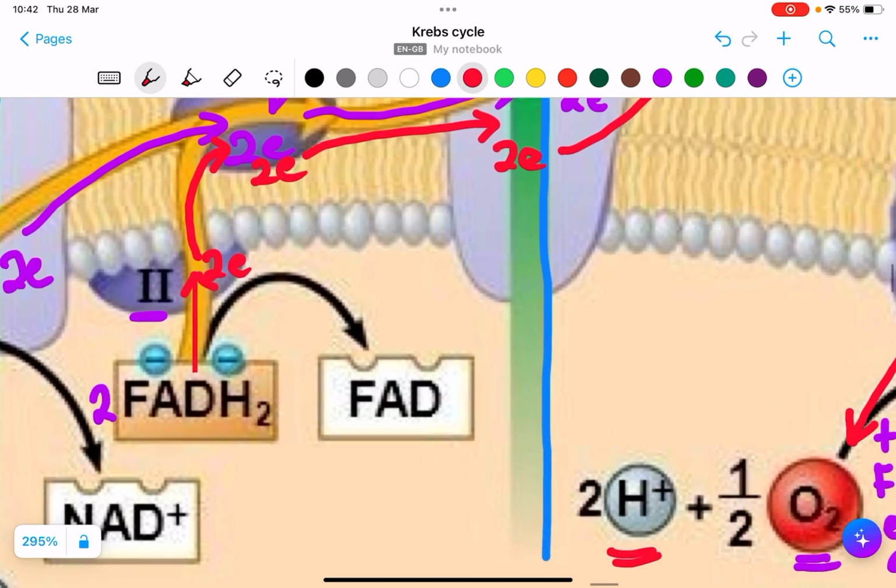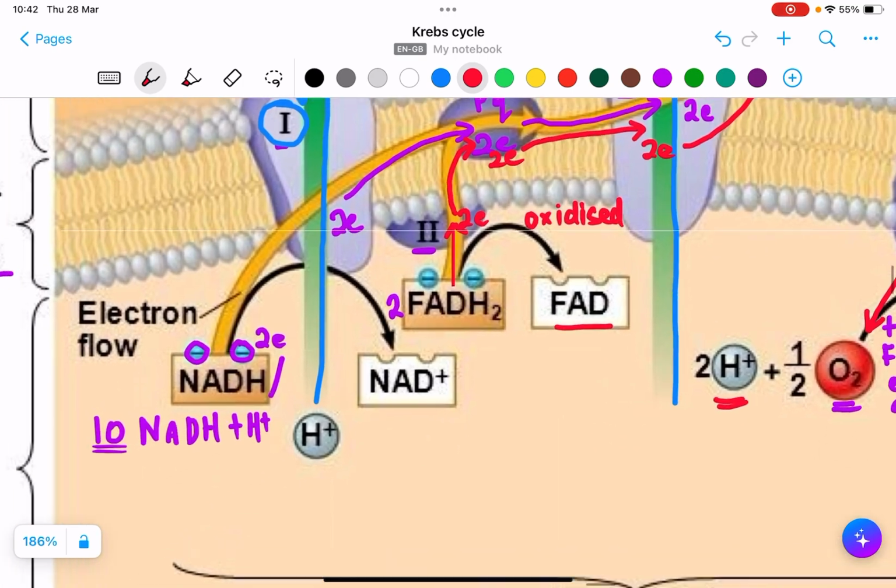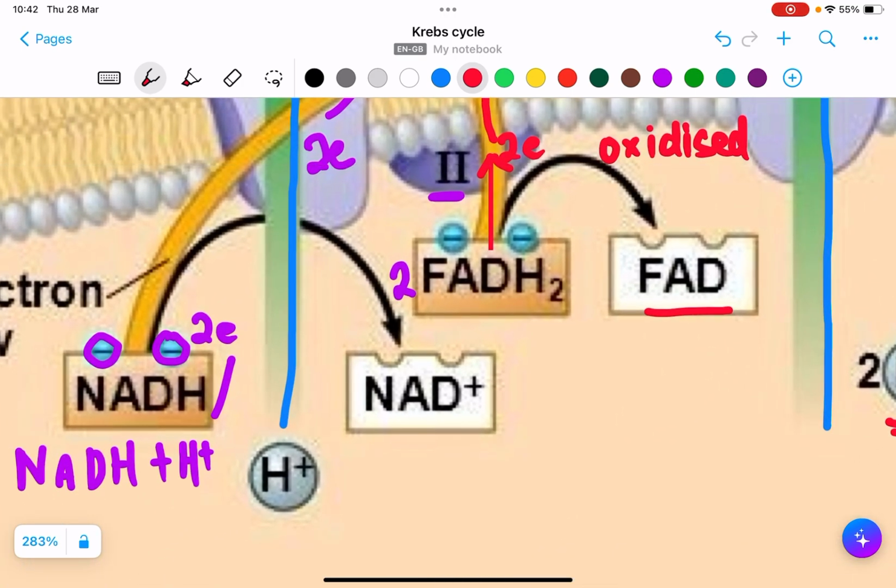So, when FADH2 has passed the electrons, it will be oxidized. It will be oxidized to form FAD, because it has lost 2 electrons and 2 hydrogen ions. And also, I forgot to mention, NADH will also be oxidized, because it has released, it has lost its electrons to form NAD+.